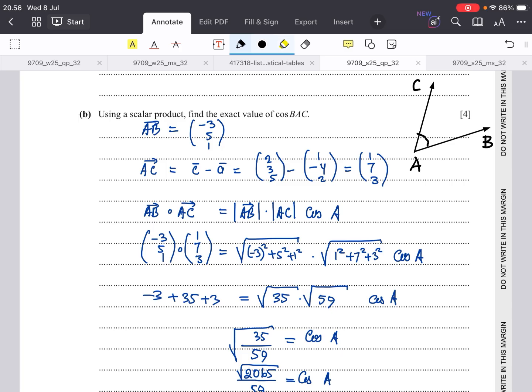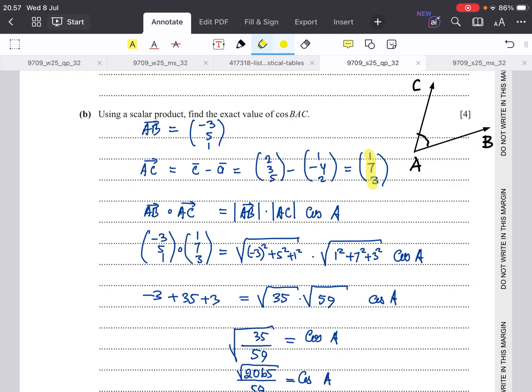AB, we have found it before in the previous part: -3, 5, 1. While AC, we can use the same formula, position vector of C minus position vector of A. So this one is OC, this one is OA.